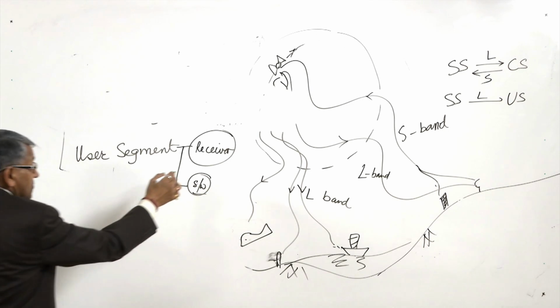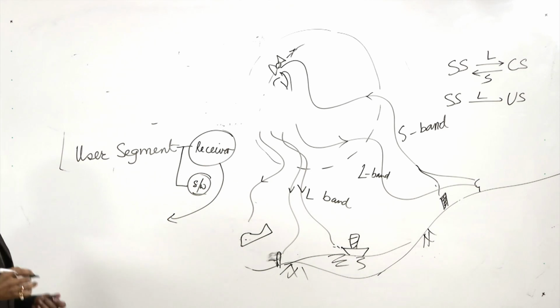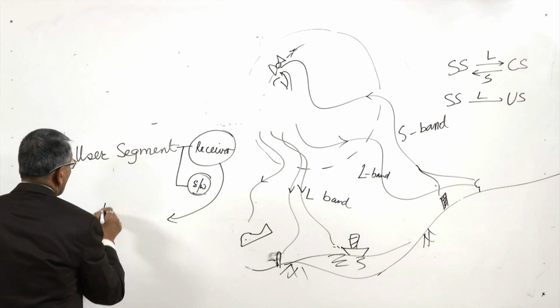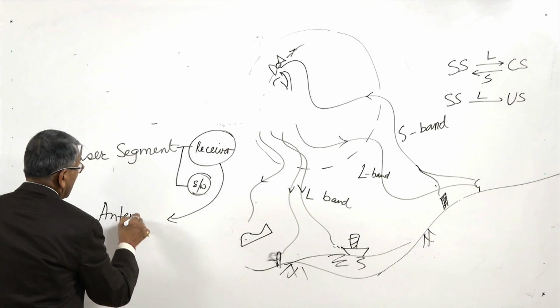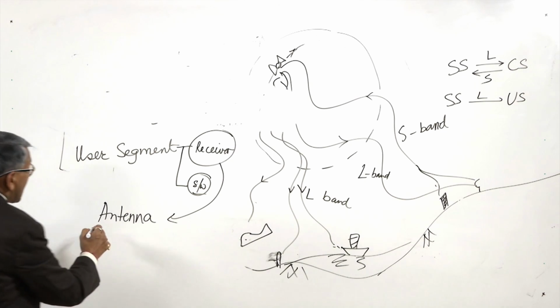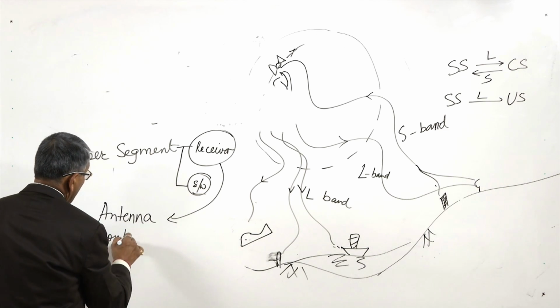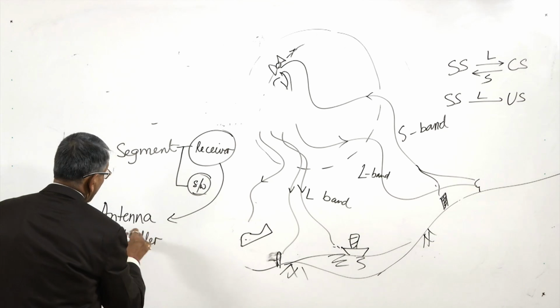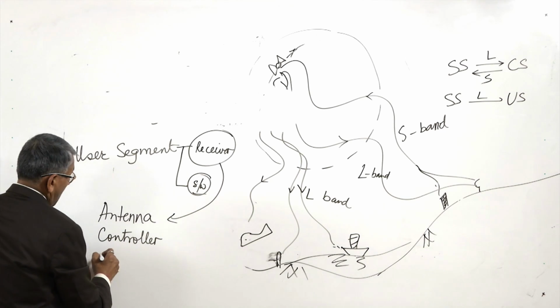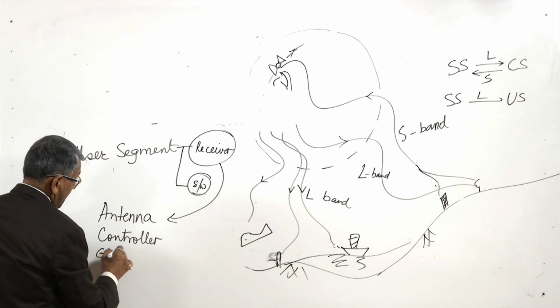The GPS receiver is an electronic instrument. It has three fundamental parts. The most important constituents are the antenna, and then the controller, as well as the GPS hardware.